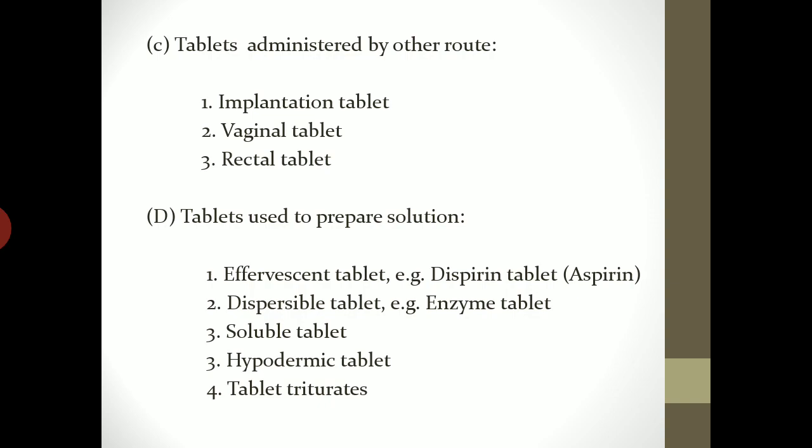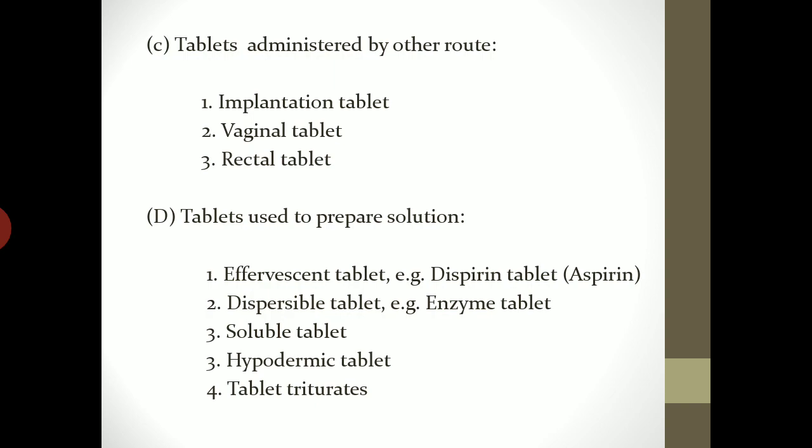You cannot self-administer this tablet. An example is the implantable tablet used in the treatment of brain diseases, where the tablet can be implanted in the skull, which will deliver the drug for a longer duration to the brain.